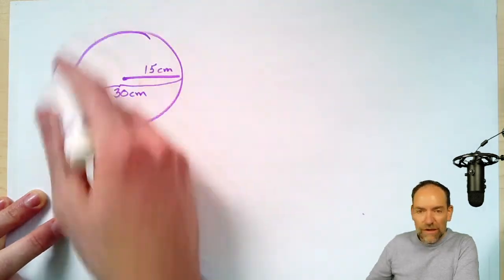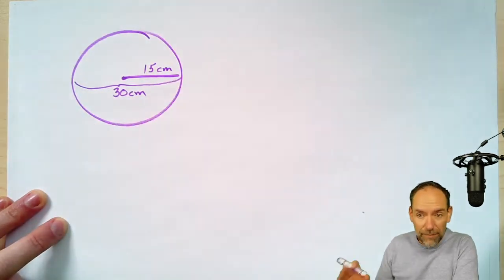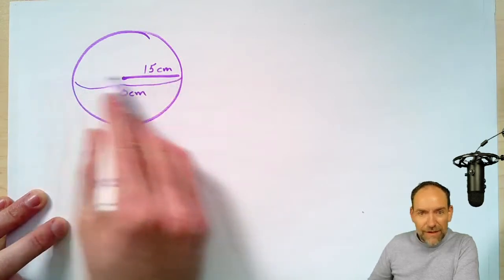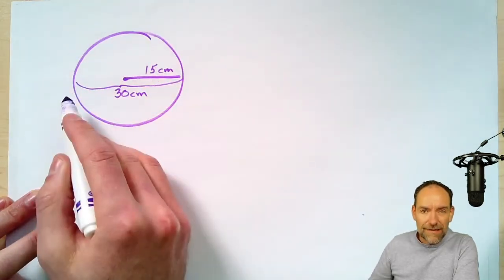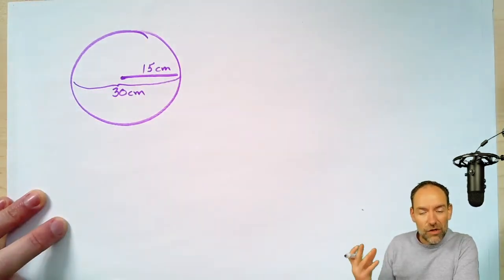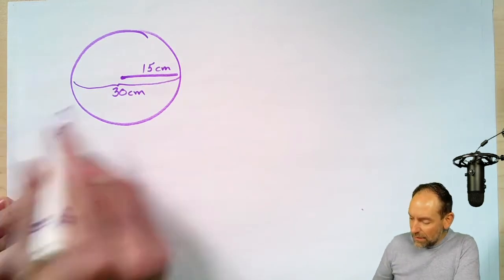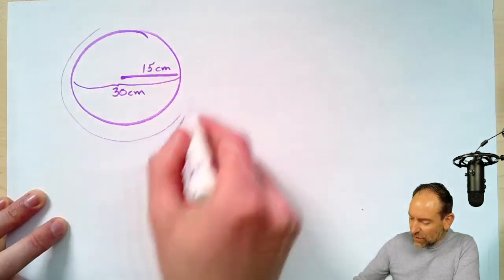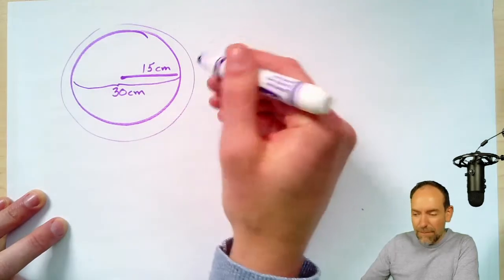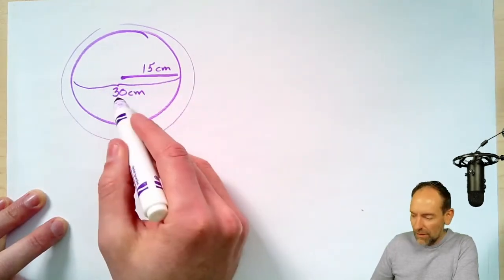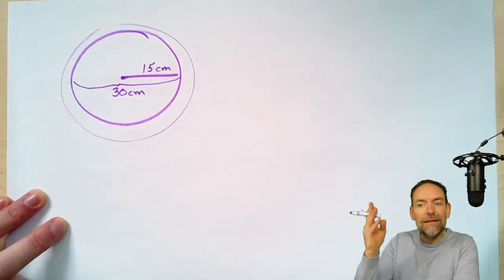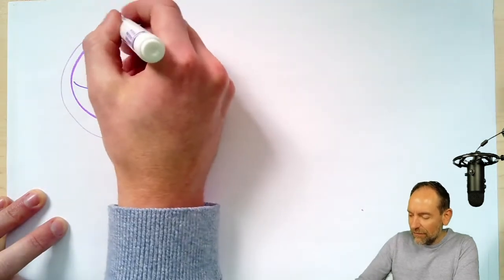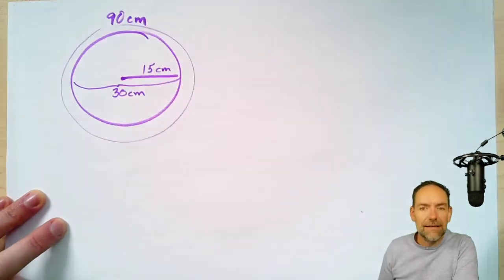Well, we want students to remember the relationship between the diameter and the circumference is pi, that ratio of pi. And that means that my circumference should be about 3 and a bit times my diameter. So I want students thinking, you know what, circumference is around 90 centimeters.